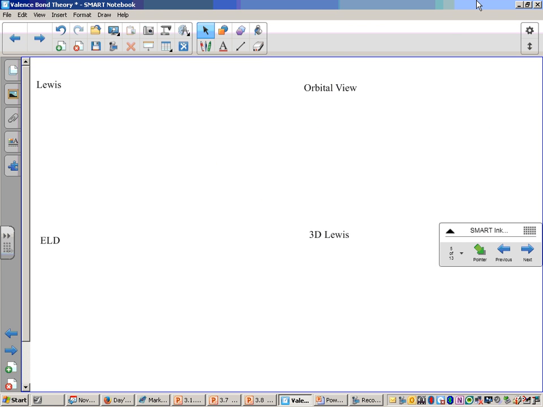So now I'm going to put SH6. Oh, barely going to make it. Again, Lewis diagram.